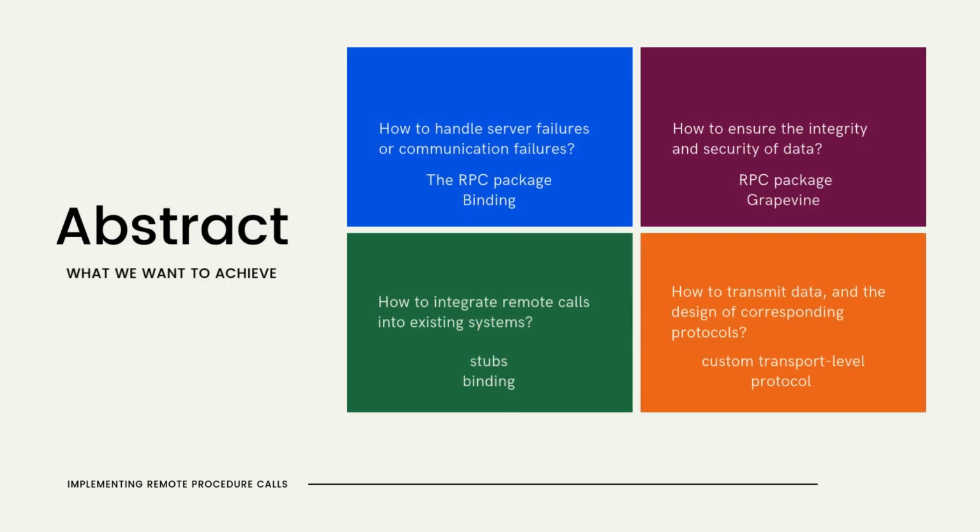In the paper, the authors focused on 4 problems with this amazing approach, providing solutions for each one of them. The first problem was how to handle server failures or communication failures. Well, the RPC package ensures that if a procedure is invoked and completes, it is done exactly once.